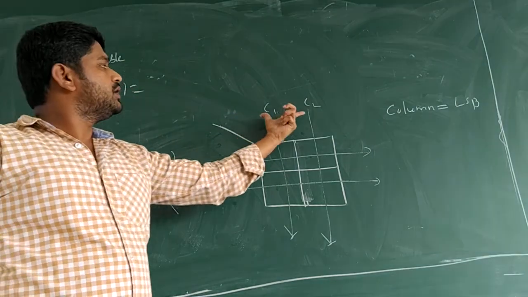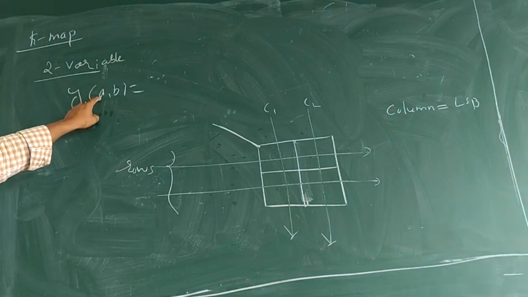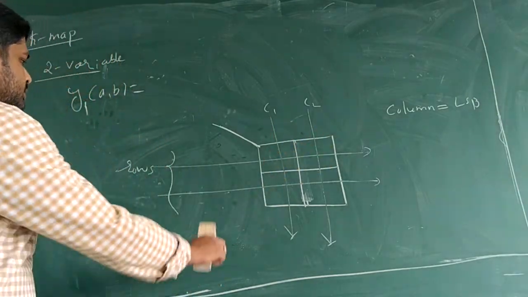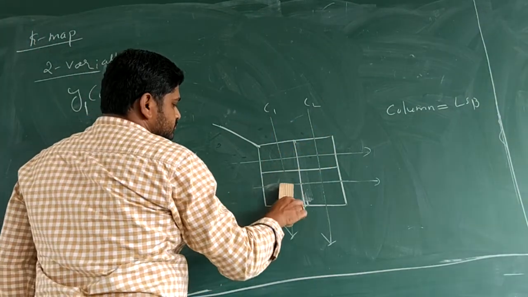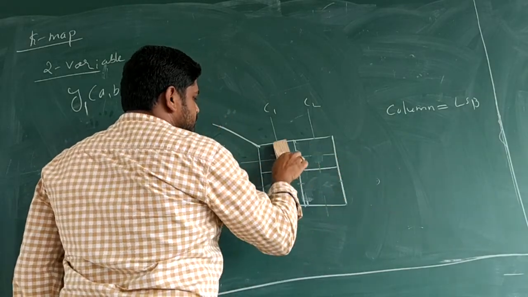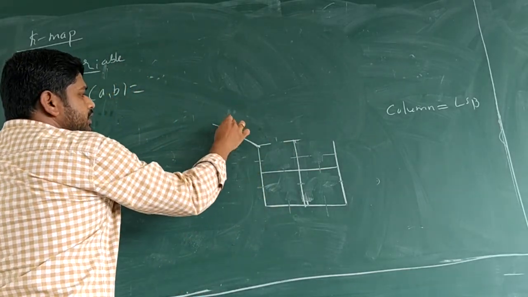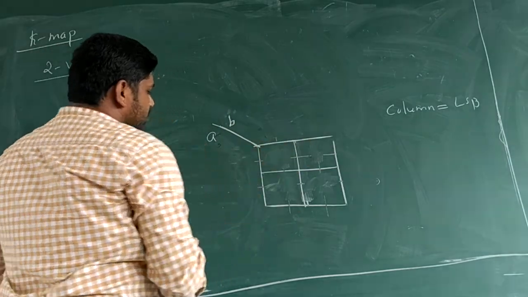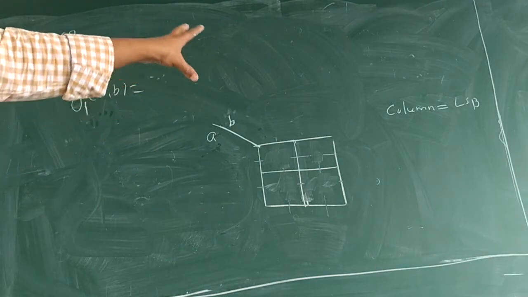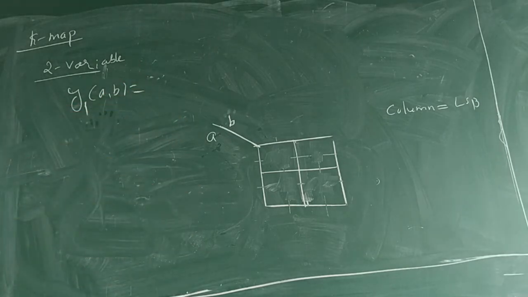B. Hence, B will be operating column wise. What is the one more variable remaining? A. Hence, it operates row wise. Here I will write B. Here I will write A. Just like when you are preparing a timetable, row wise days, column wise time.